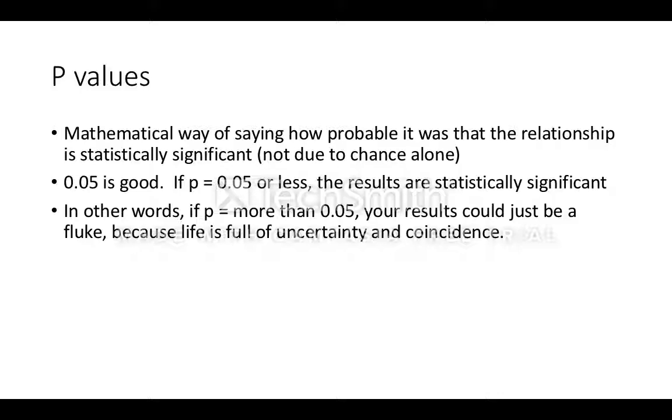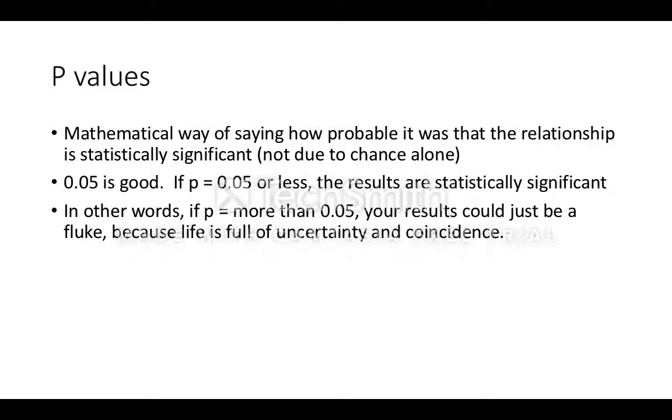We're not really going to go into the math of p-values very much. The magic number you need to know is 0.05. Once you have a p-value of 0.05 or less, you can assume that the R-score you got is statistically significant, that it's not due to chance alone.